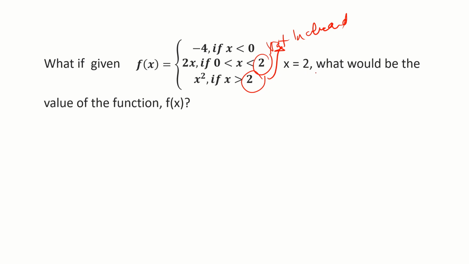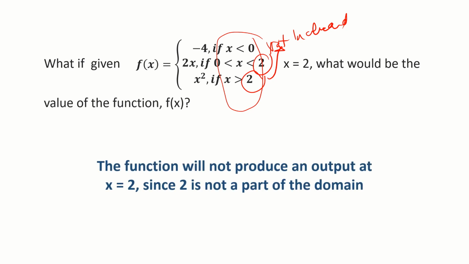So what if our given value of x is a value that is not included in our intervals of domains in the condition? So what will be the value of the function? So the answer to that is that the function will not produce an output at x equal to 2, since 2 is not a part of the domain.